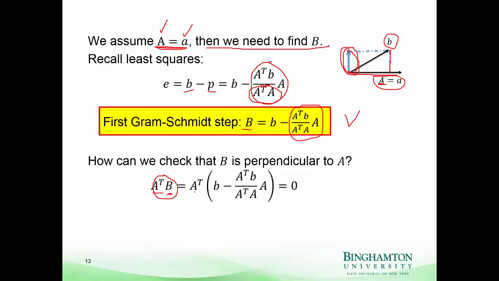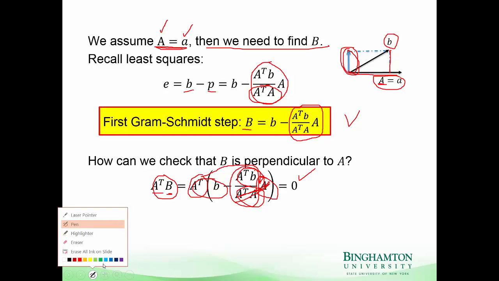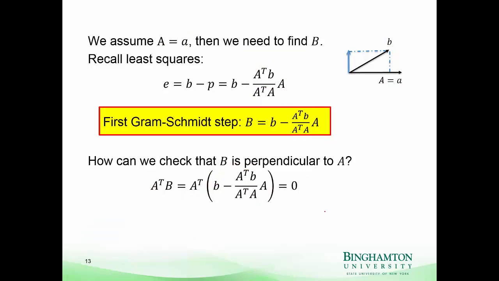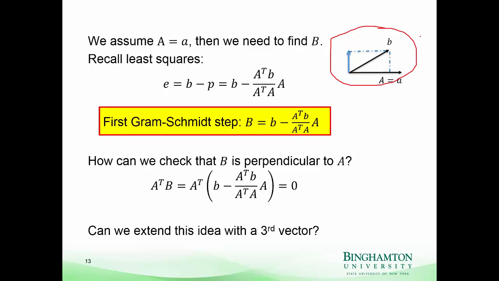And so if we multiply this through, and remember this whole thing is just a scalar, so we can take this A transpose all the way through to there, and so now we get A transpose A here divided by A transpose A. Those cancel each other, and we're left with A transpose B minus A transpose B, which gives us 0. So yes, indeed, we can verify that this process does give us something that's orthogonal, but we knew that already from how we set this up. But it's always nice to just double check.